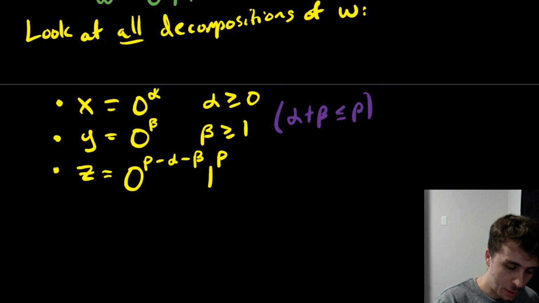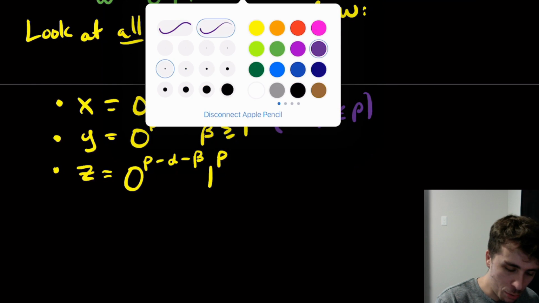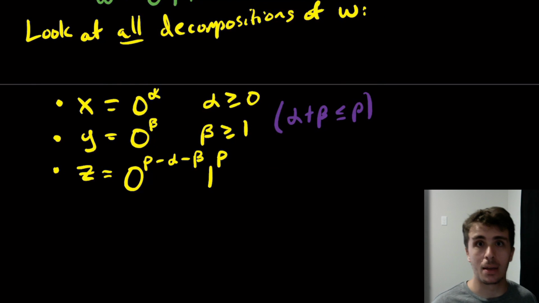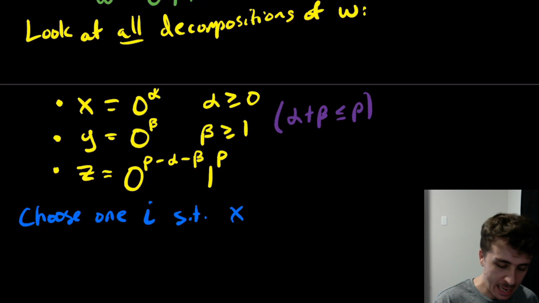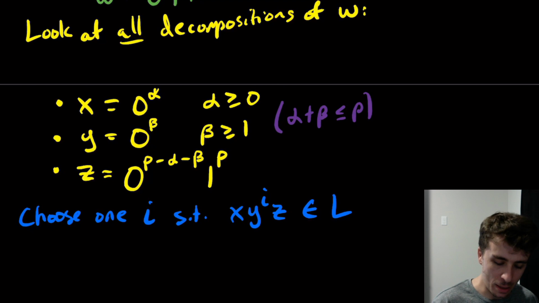Okay, so now what we need to do as a final step in my magic tricks here is to choose one I such that X, Y to the I, Z is not in L. And remember that L is 0 to the n, 1 to the n, where n is at least 0.